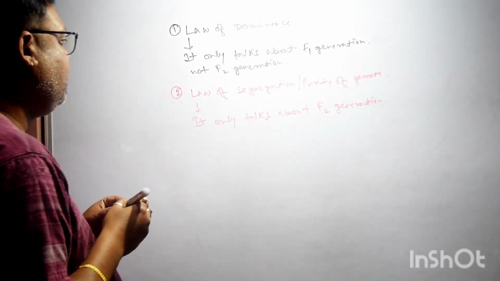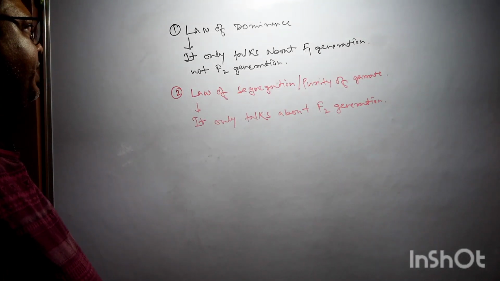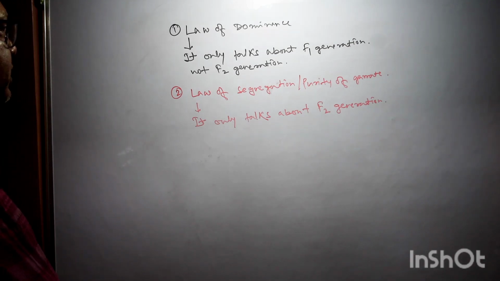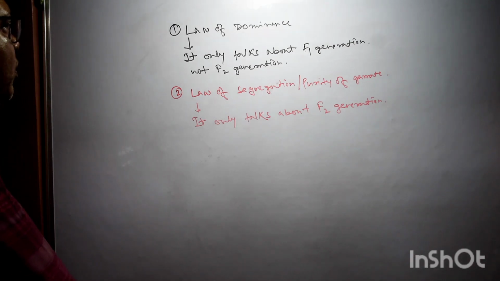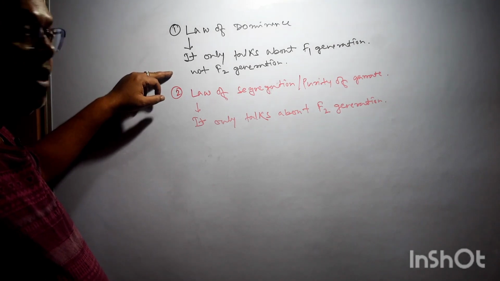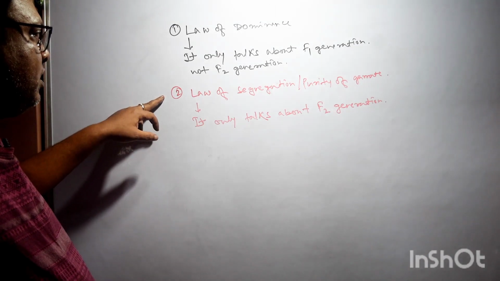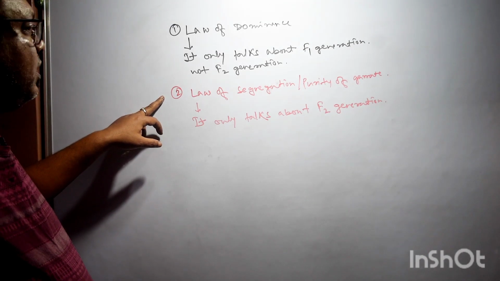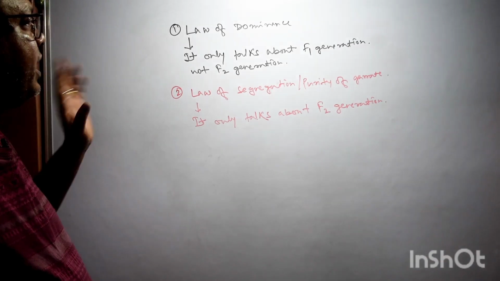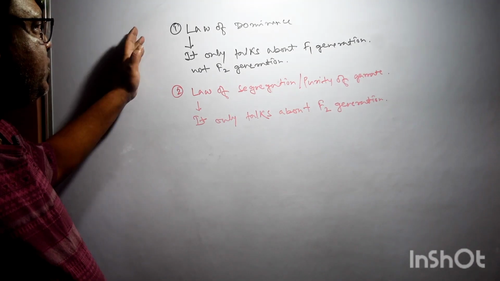So this is the basic difference between these two laws. One is law of dominance, it talks about only F1 generation, not F2 generation, and law of segregation only talks about F2 generation, it talks nothing about F1 generation. So this is the basic difference between these two laws.